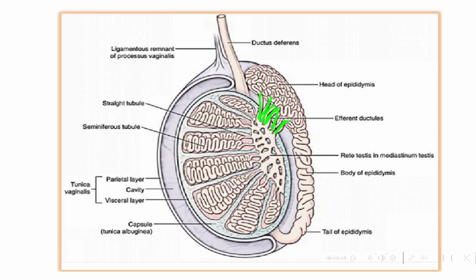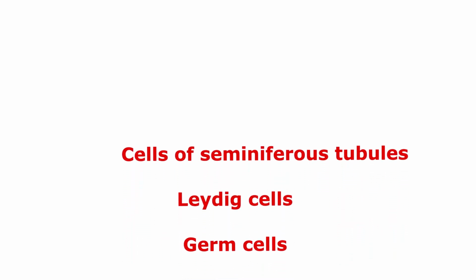These ducts are lined with hair-like projections called cilia. Along with a layer of smooth muscle, cilia help to move the sperm into the epididymis. There are three types of cells located in the seminiferous tubules.